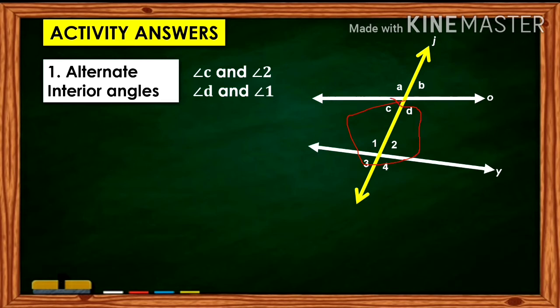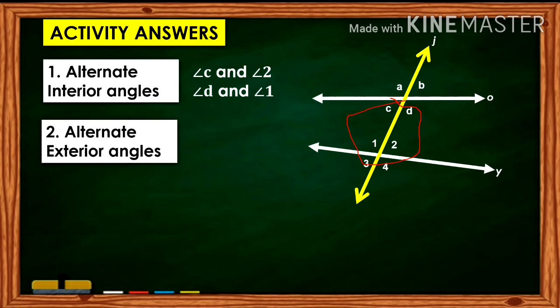Next. So we have alternate exterior angles. So we have angle A and angle 4, angle B and angle 3. So here, next color, we have yellow.